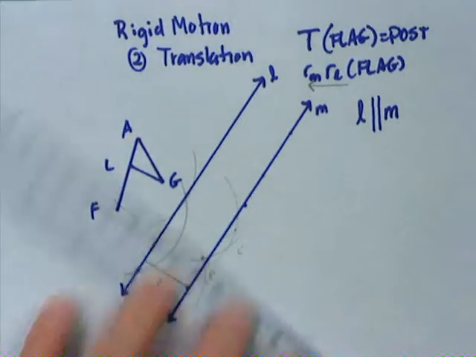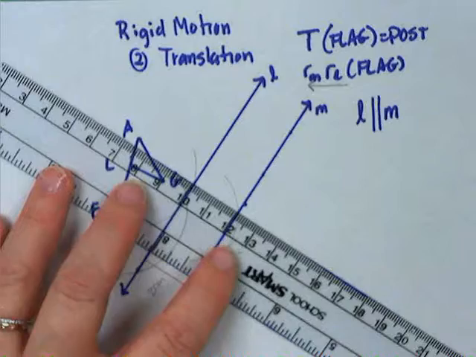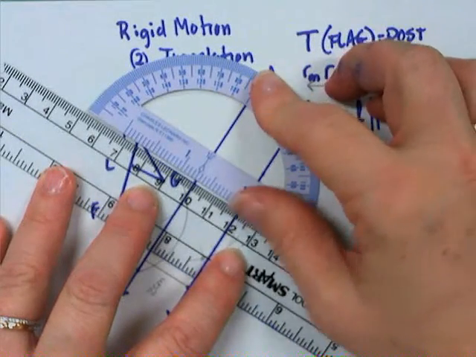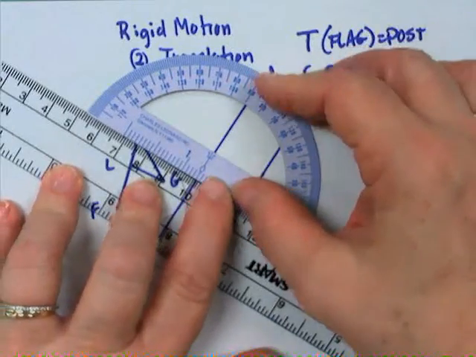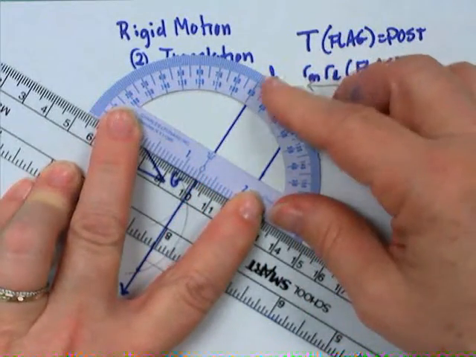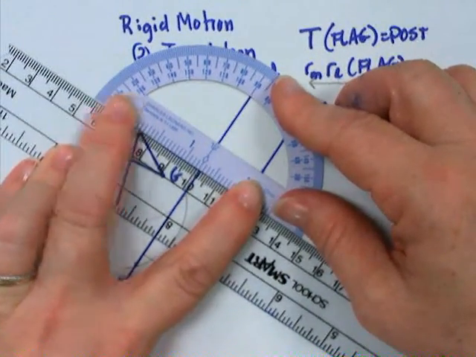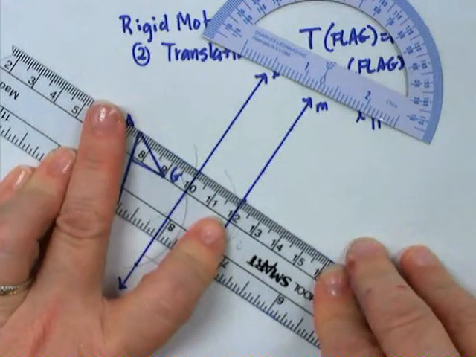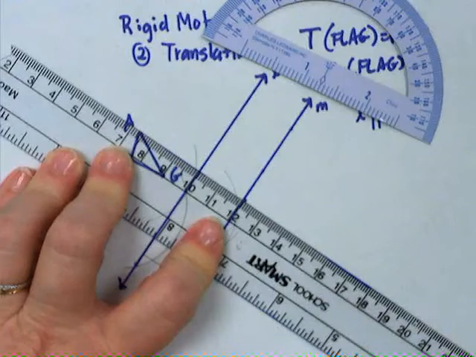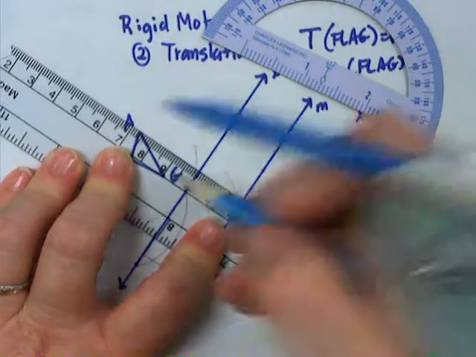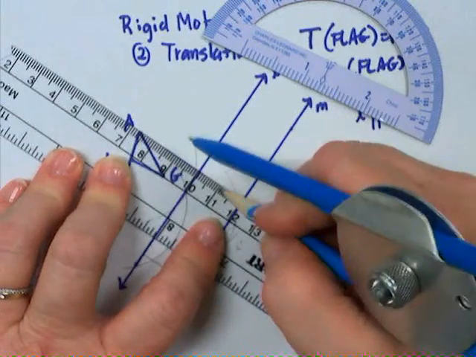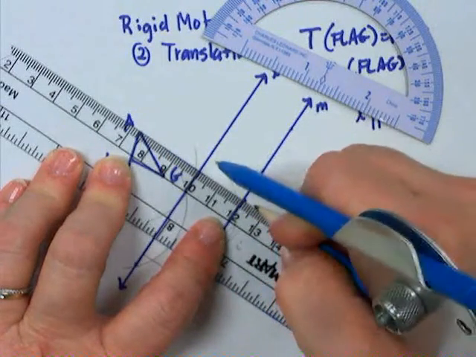L prime. I'm going to use the ruler for the other two because some of you like the ruler better. I just have to make sure that my line is perpendicular to my reflecting line. This measurement is 12.7.